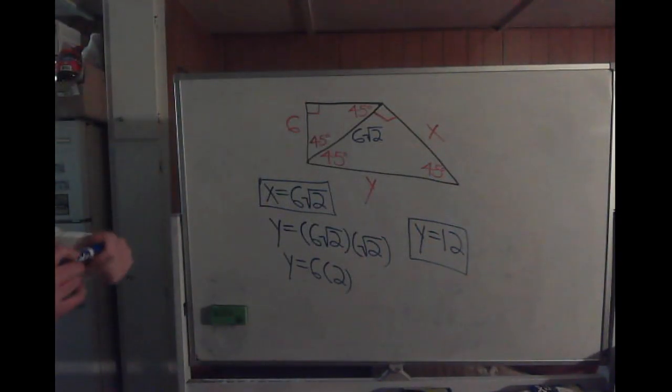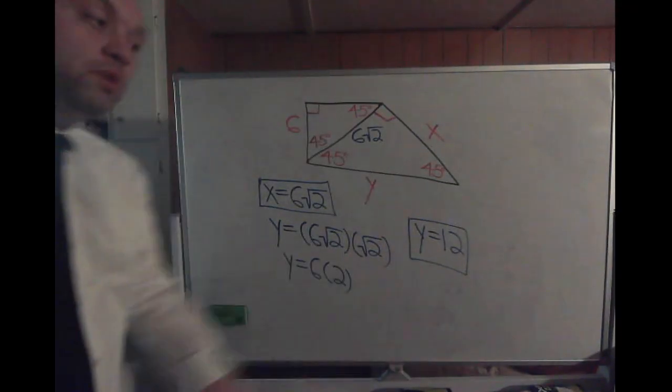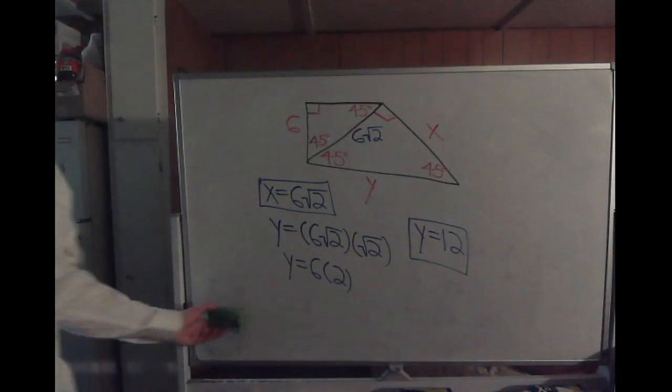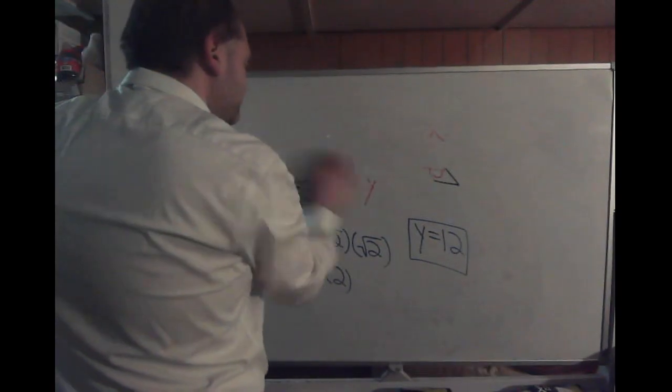So x has a value of 6 times the square root of 2, y has a value of 12. And these were 45, 45, 90 triangles. I'm pretty sure in this set there's at least one exercise that combines them both types into one. And it's interesting. I just have 3 more and we're done for the night.